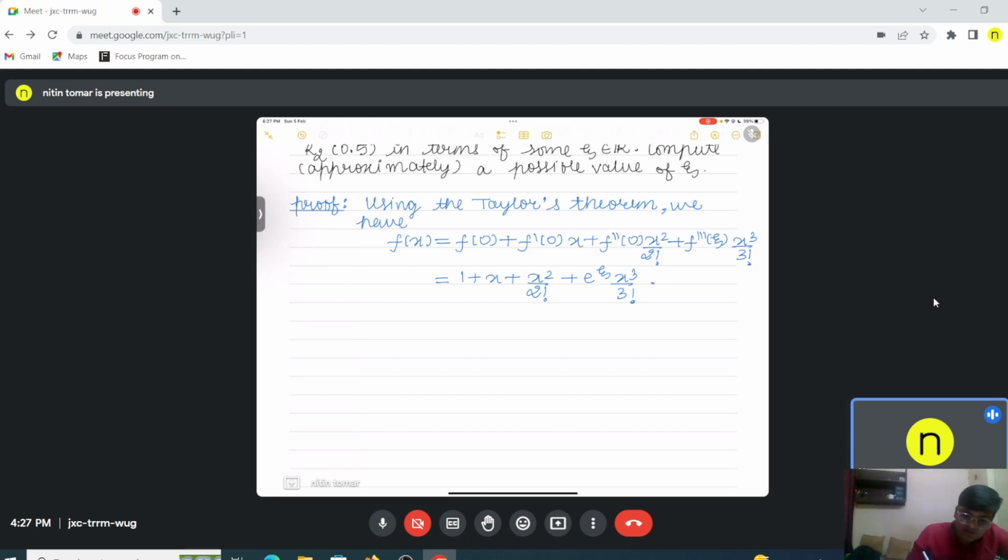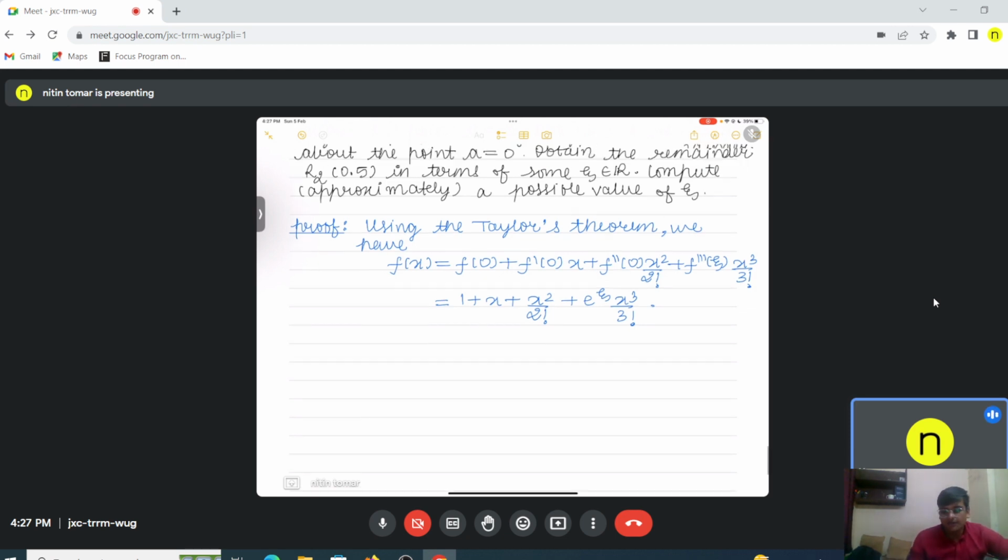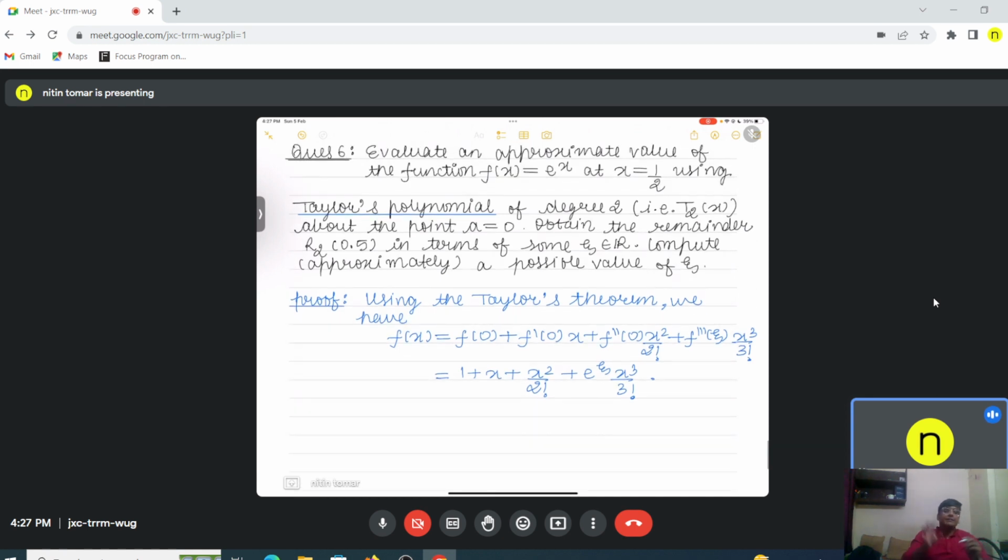Because f of x is e power x, so every derivative of f will be e power x only. And what is the value of the exponential function at x equal to 0? It is 1. So you just plug in the values and check. Okay. So up until now, is it clear what we are trying to do? Saurabh?